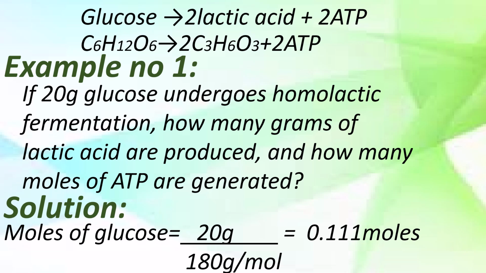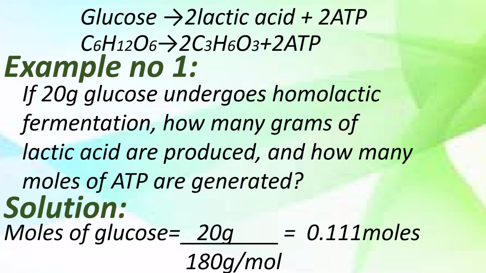Lactic acid is a 3-carbon compound with a carboxylic group. C6H12O6, glucose, is converted to two molecules of C3H6O3, lactic acid, plus 2 ATP. In aerobic respiration, 36 to 38 ATP are produced, while in fermentation, 2 ATP are produced.